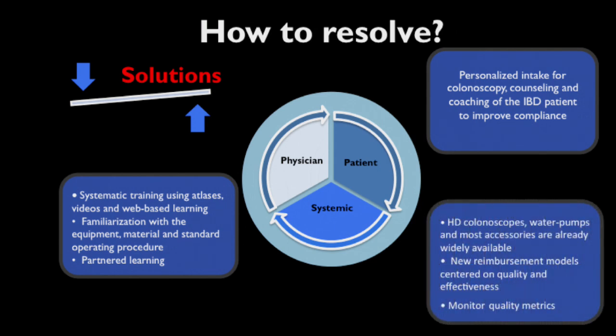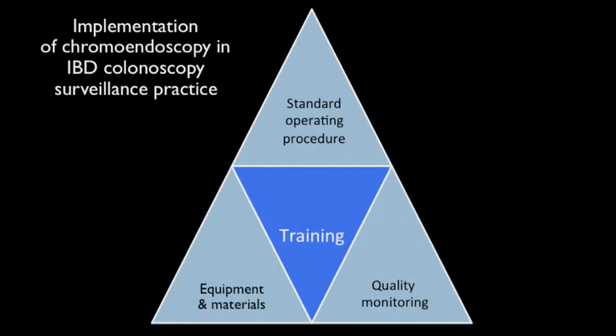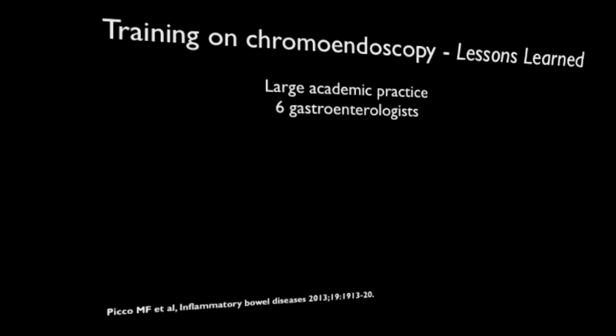High-definition colonoscopes, water pumps, and most accessories are already widely available. New reimbursement methods centered on quality and effectiveness and monitoring of quality metrics should be promoted. To successfully implement chromoendoscopy in IBD surveillance practice, training is undoubtedly the first step.